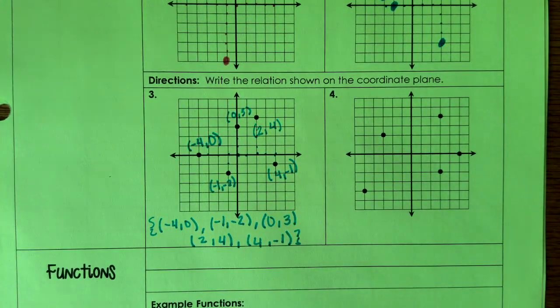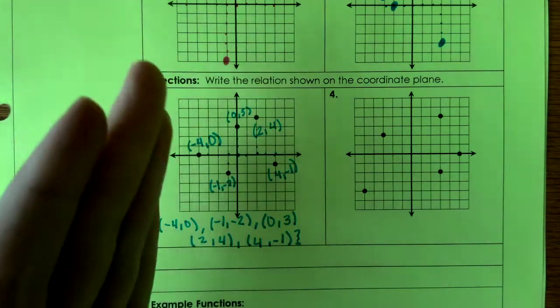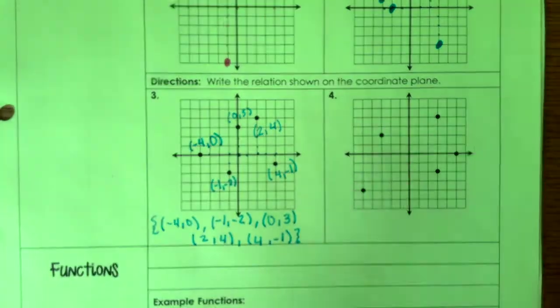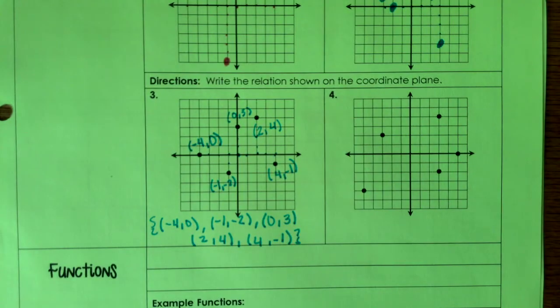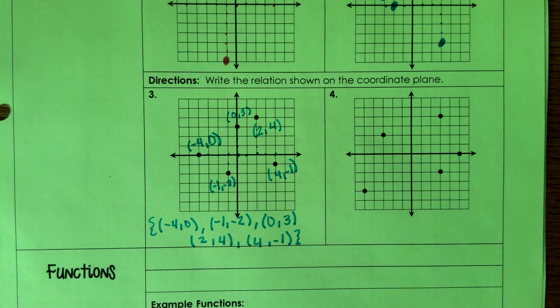It doesn't matter which order you put them in. There really is no rhyme or reason for that. For me personally, going through math classes, I always just move left to right on my graph. So I moved with my smallest x, and then I increased to my biggest one. But it really doesn't matter which order you put them in. So what I want you to do now is pause the video and see if you can do number 4 on your own.